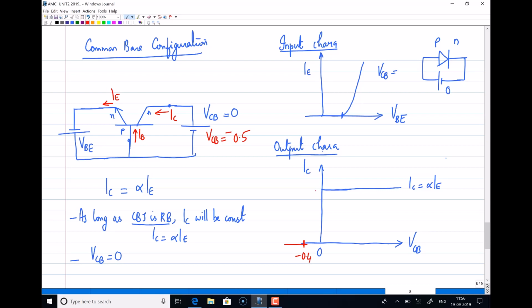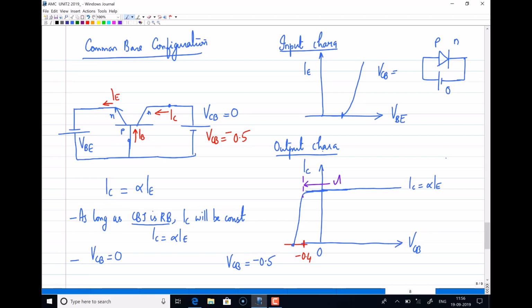So till VCB crosses say some minus 0.4, you will actually get a current, and after that when your VCB equals minus 0.5, your junction actually turns forward bias. That means if the junction turns forward bias, the emitter current will not be attracted to the collector, or I can say the current will easily drop to 0, right?